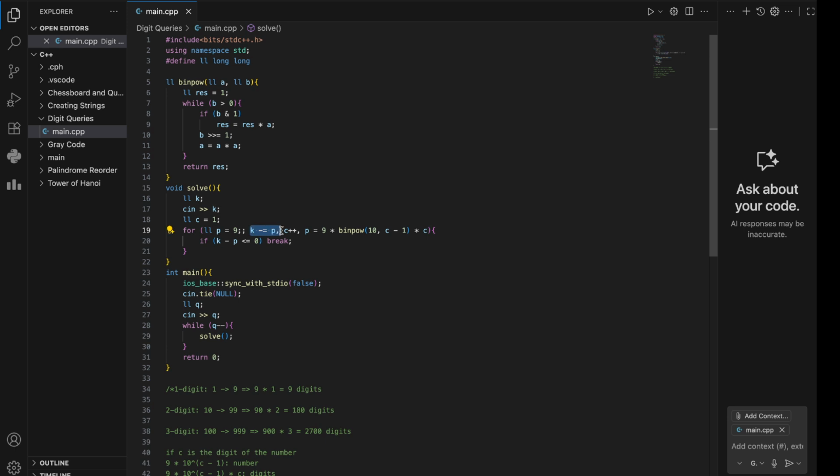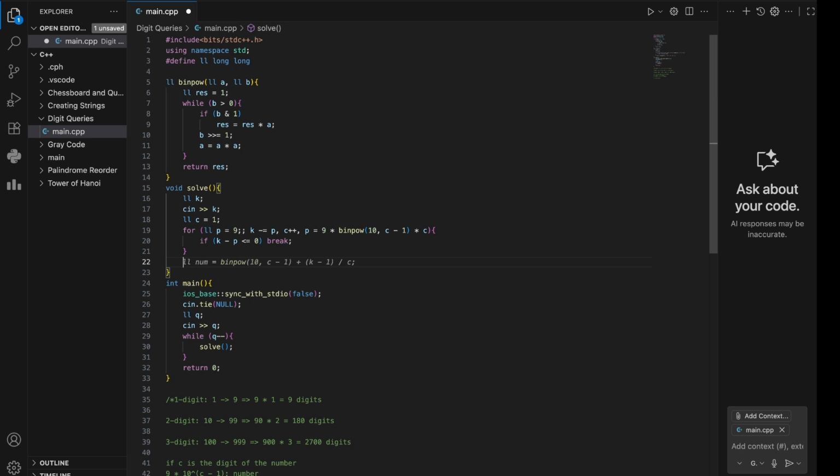At each step we subtract P from K and increase C by 1, using the formula I mentioned earlier to calculate the number of digits.